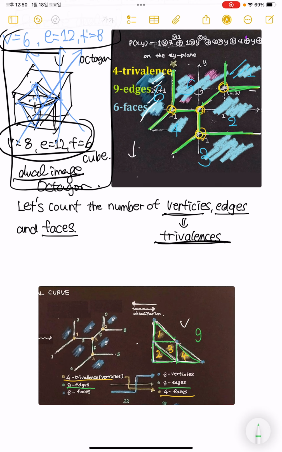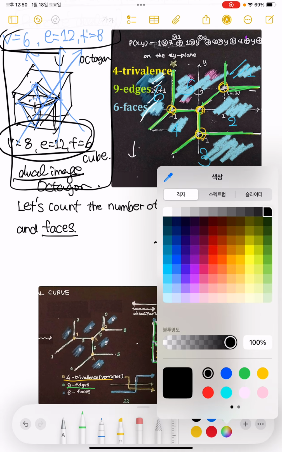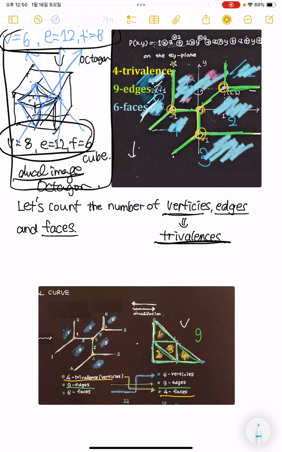Okay, 9 edges. In the dual image the faces become vertices, 1, 2, 3, 4, 5, 6. So total 6 vertices, corresponding to the trivalents. That is a dual image of a tropical curve.